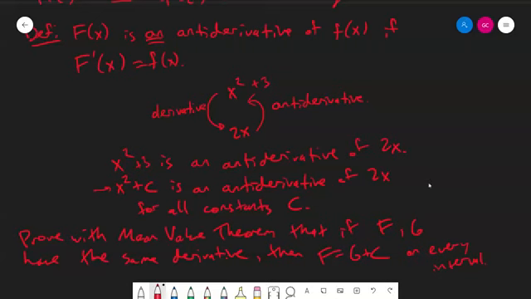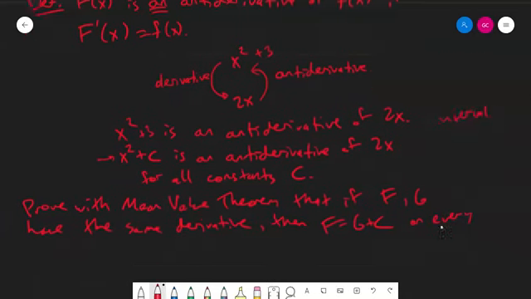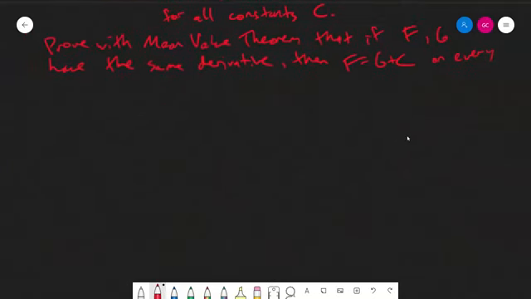Okay, so we can talk about the general antiderivative of a function. What we're going to say then is that the general antiderivative of 2x is x squared plus c.